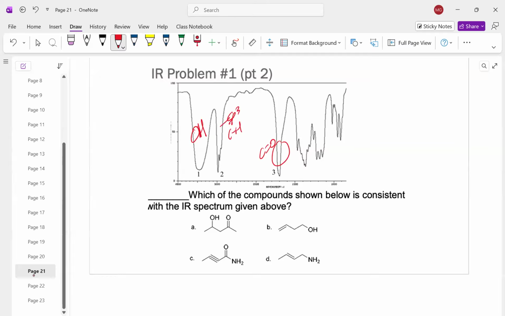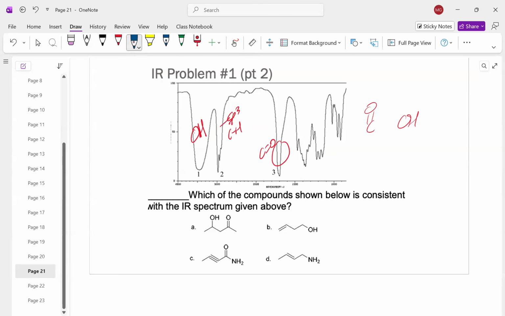Now, before I look at the choices there, how do I know that this is not a carboxylic acid? Because I have both a carbon oxygen double bond and I have an OH. You look at the possible choices down there and think, wait, I don't see a carboxylic acid. Is this a typo?